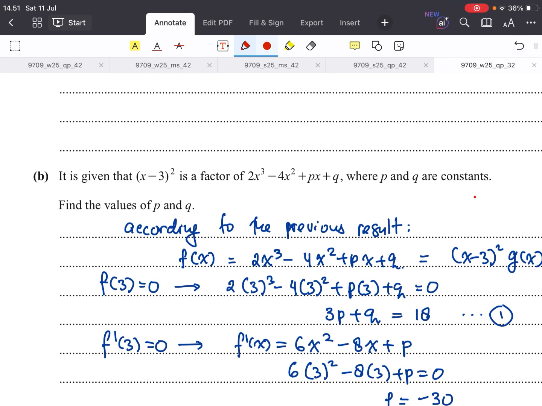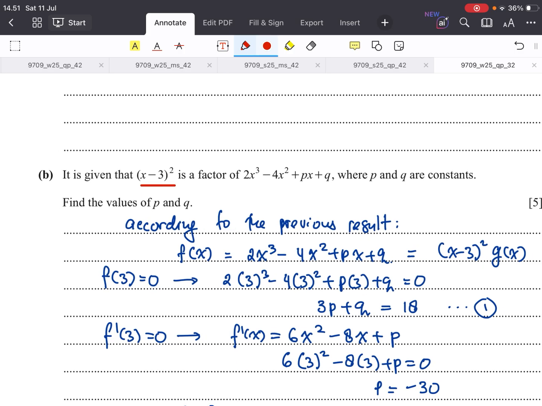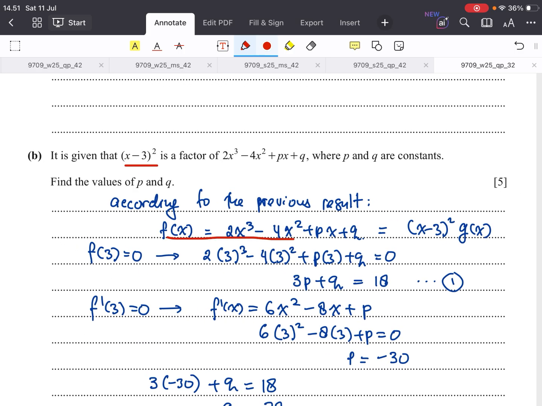The question says that (x minus 3) squared is a factor of 2x cubed minus 4x squared plus px plus q. So we can write that f(x), which is this, is equal to (x minus 3) squared times g(x).